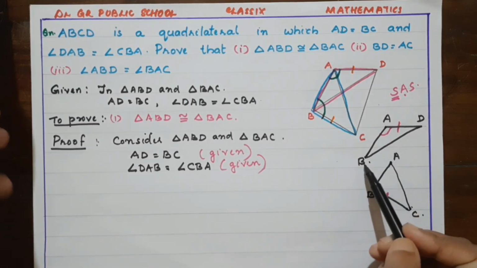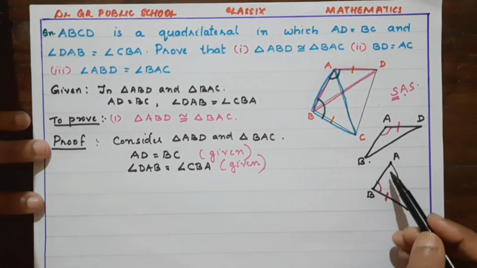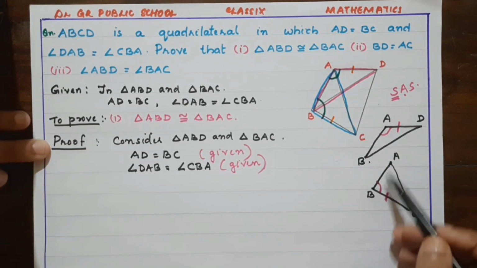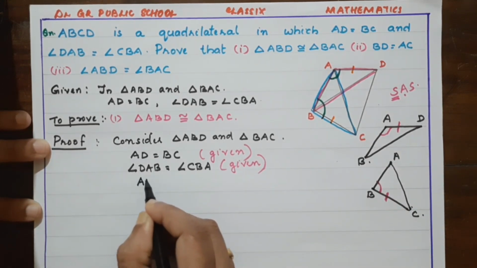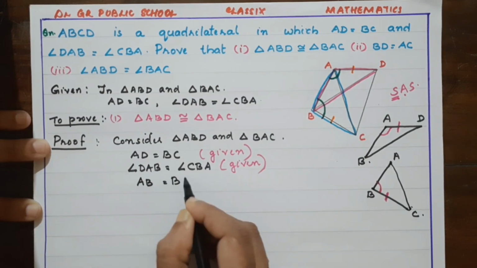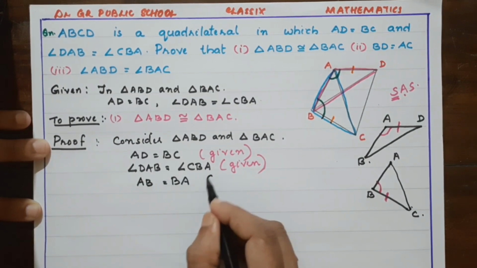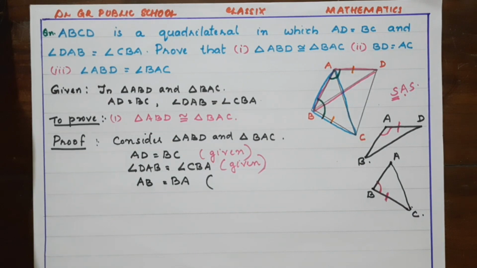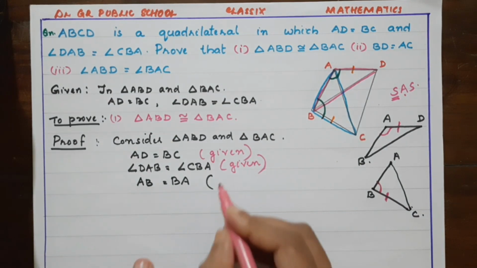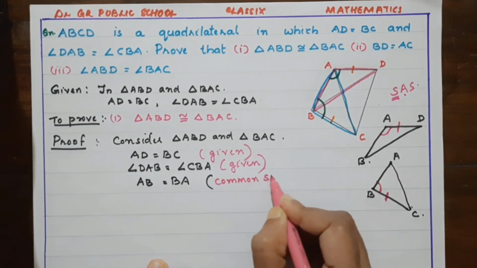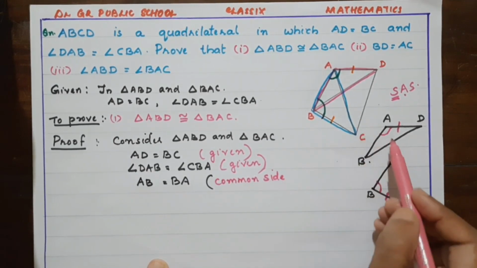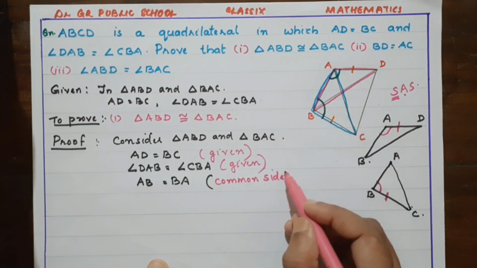AB from the first triangle and BA from the second triangle, or you can say AB itself. So we can write AB equal to BA. What is the reason? The reason is common side, common side for both the triangles.